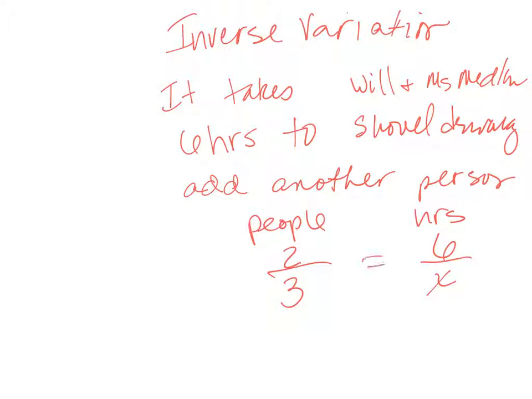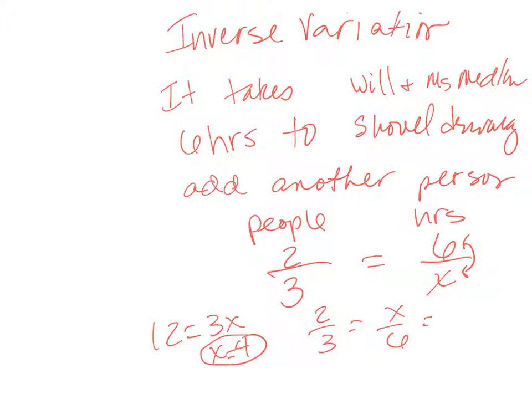But what do we say about an inverse? What do we do first before we cross multiply? On an inverse, we flip this guy, right? So now we have 2/3 equals x over 6. So 12 equals 3x, and it will take 4 hours for 3 of us to shovel the driveway.